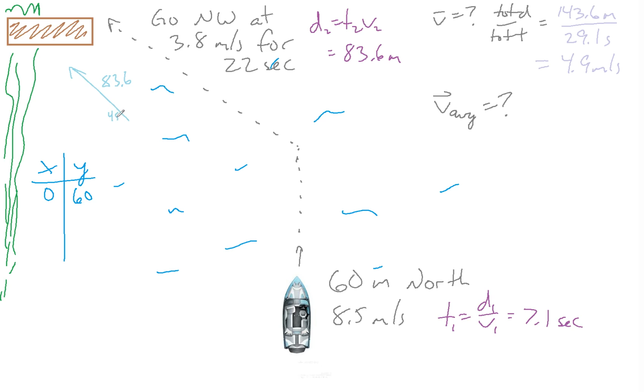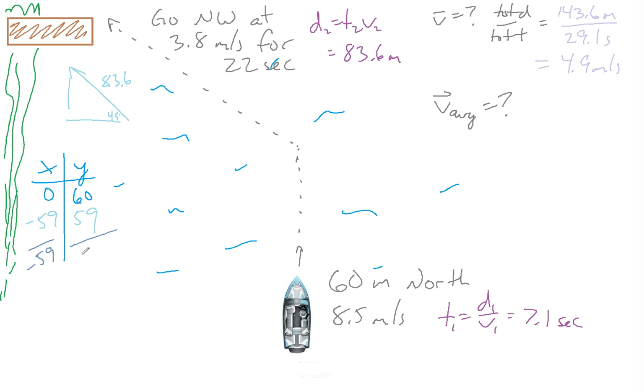So if I break that part into X and Y components, they're both going to be like 59. And since it's going to the left, my X component would be negative. It is going up, so my Y component is going to be positive, so that's no big deal. All right, now that I've broken those apart, just like we've done with our basic vectors, we can add all the stuff together. Total X, negative 59.